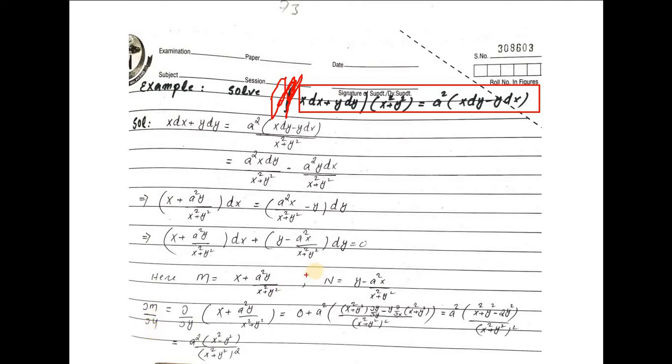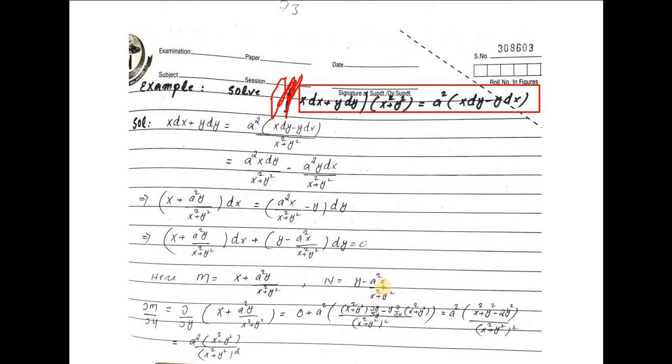Now we have to differentiate n with respect to x, so this term will be 0, and we use the quotient rule with partial derivative with respect to x.